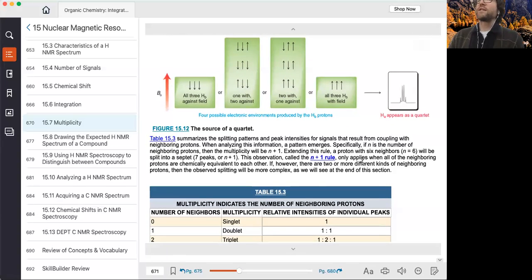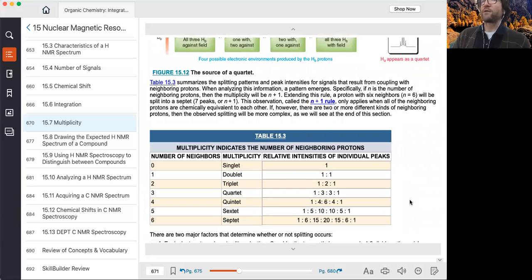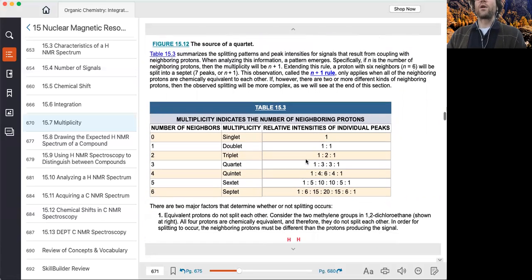We can do this on and on until we get to septet, as we saw before, or instead we can look at table 15.3 that shows us our nice Pascal's triangle, where the outside of the triangle are all ones, and as the triangle gets bigger, the numbers inside get bigger as well. You can feel free to look up Pascal's triangle if you want to know more about it.